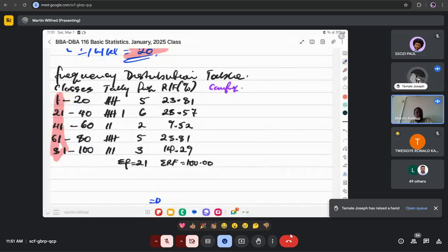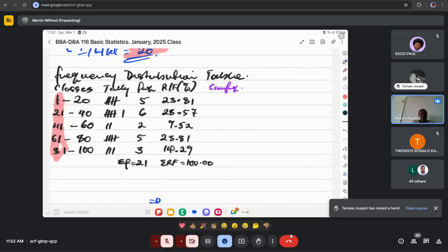The percentage is 5 divided by 21 times 100. That's why I expect you to have calculators so that you feed in and tell us the answers you're getting. You divide the frequency of the class by the total frequency times 100. So what do we get?